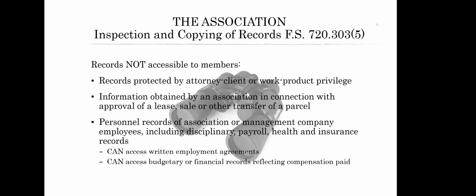Personnel records are not open to inspection. However, members can access written employment agreements and other budgetary or financial records that would reflect the compensation paid. So you can't completely hide that information if it exists in another document.